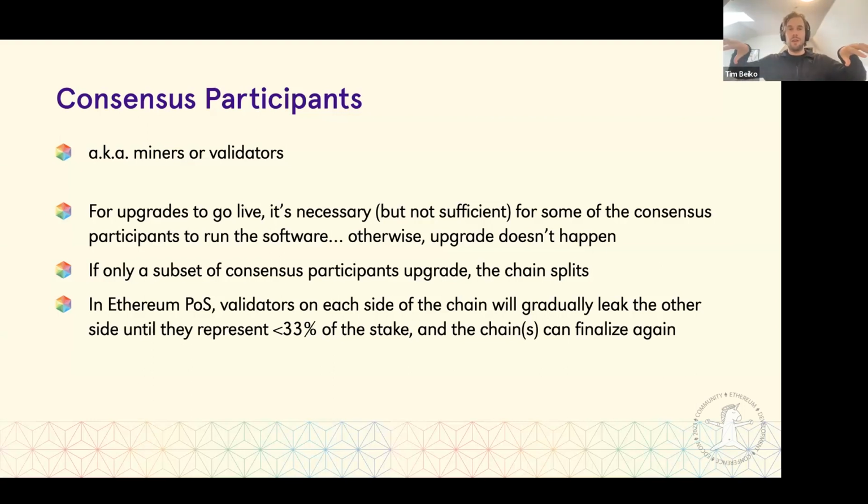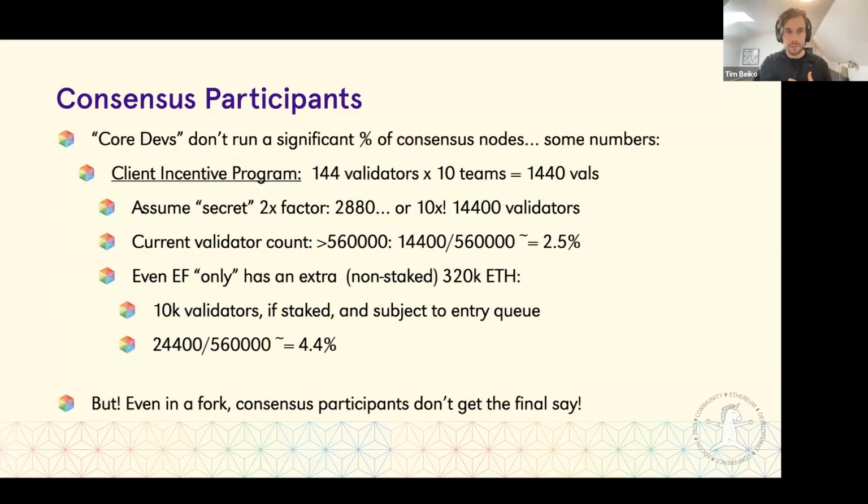So both sides would gradually destroy the ether of the validators who aren't on their view of the chain so that they can continue and keep going. But if nobody upgrades, then you don't even have this potential risk of a fork in the first place, because the upgrade's never gone live.